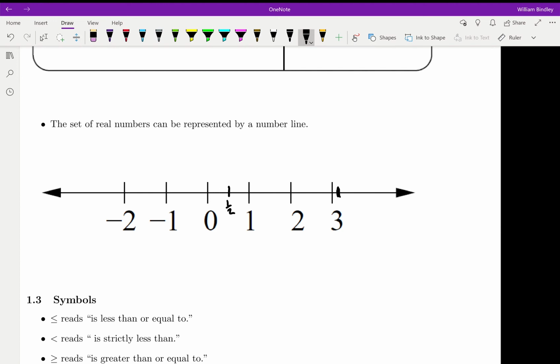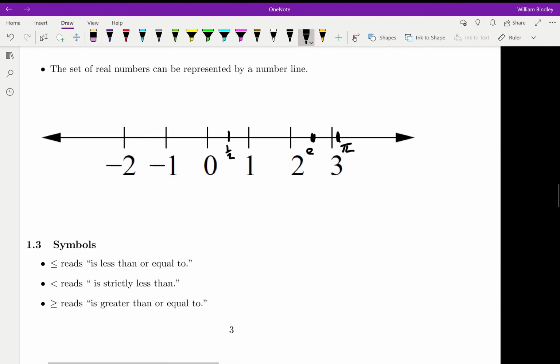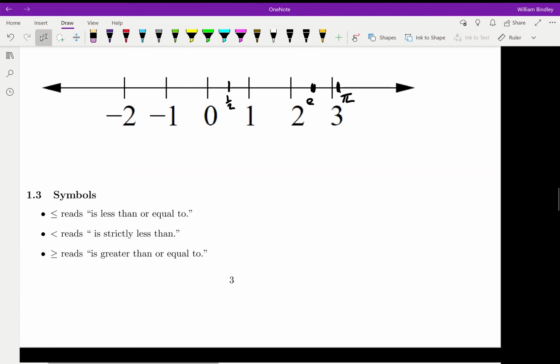So there's pi, and e is somewhere around here if you're familiar with Euler's number. So all of the real numbers are sitting here. And perhaps you've heard of complex numbers and imaginary numbers. I will talk about them pretty soon in this video series, but those kind of numbers don't exist anywhere on this line. So that's interesting. More to come on that front.